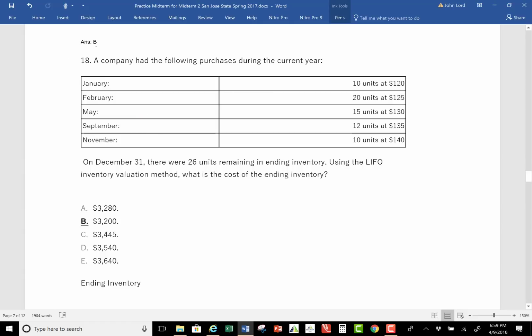Okay, December 31st, there were 26 units remaining in ending inventory. Using LIFO, what is the cost of the ending inventory? Well, if there's 26 units left, we're assuming that all 10 of them are right here, right? Of the 26? LIFO? Okay, so we've got 10 times $1.20.